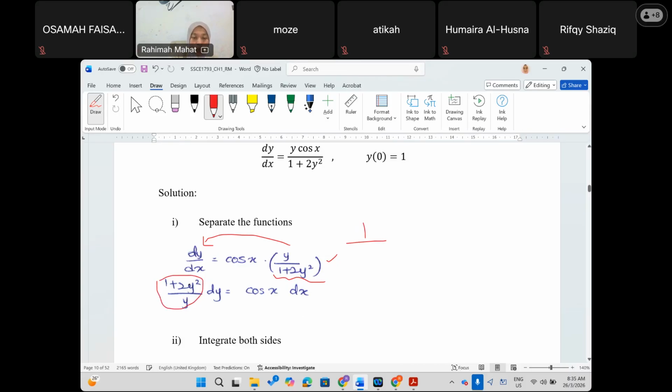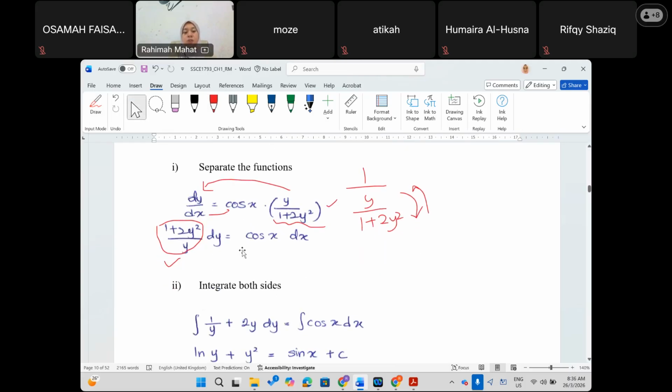So you get (1 plus 2y squared) over y dy equal to cos x dx. After you separate the function, you integrate.